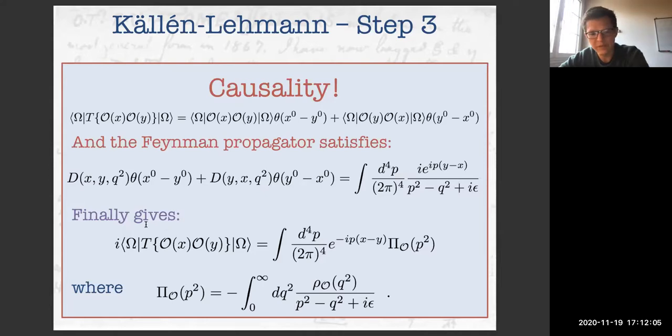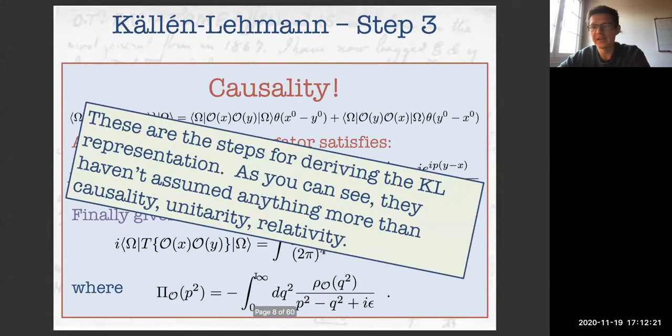And so finally, this tells us that the time-ordered 2-point function is the Fourier transform of a function just of p squared, where this function of p squared is the integral over some positive definite function multiplied by the Feynman propagator. And this is the Källén-Lehmann representation.